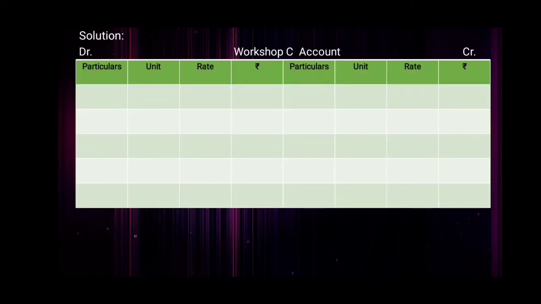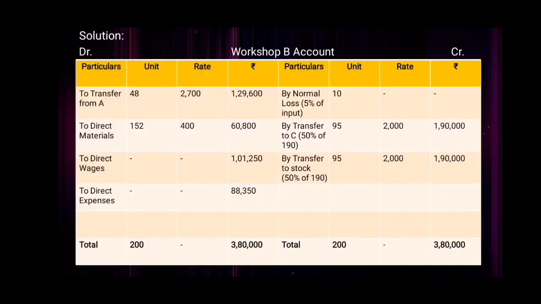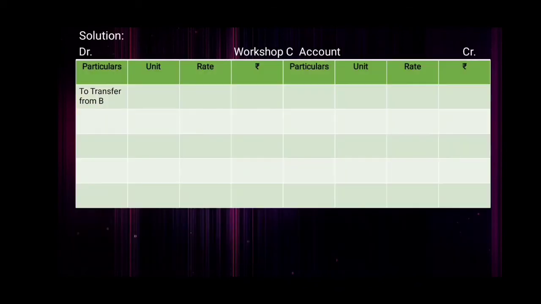Now let us prepare workshop C account. From workshop B account, output that is to be transferred to workshop C account, 95 units at the rate of 2000, total being 1,90,000. To transfer from B, 95 units at the rate of 2000, total amount will be 1,90,000.